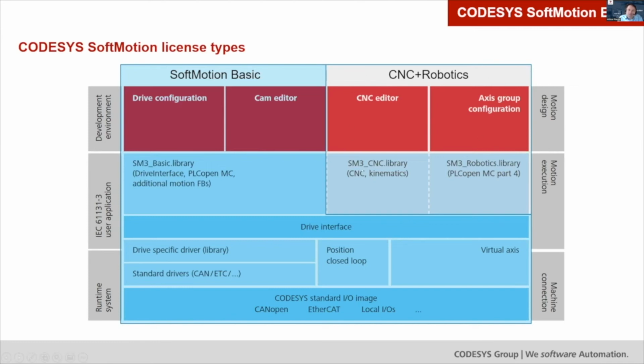And then we have the CNC and robotics package that has a CNC editor, the axis group configuration, the PLC Open Part 4 function blocks for the robotics, and the CNC with G-code implementation to do synchronized multi-axis control.